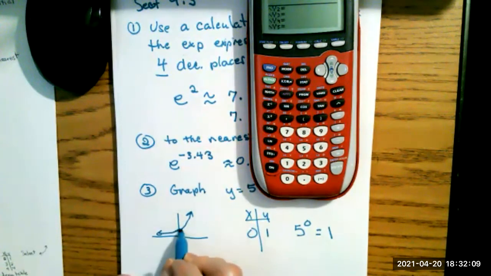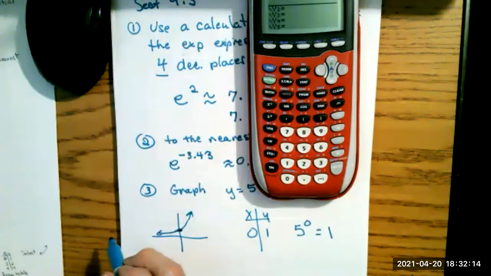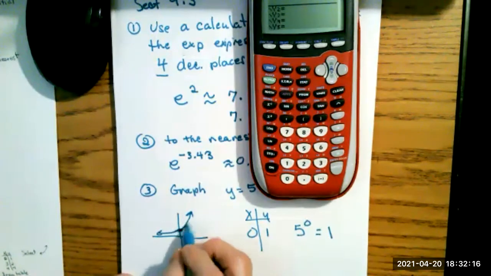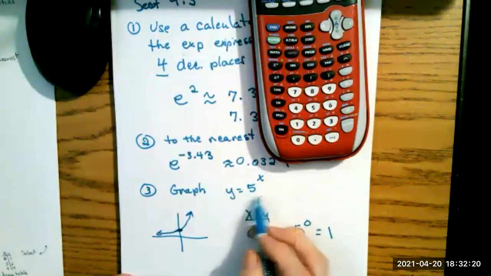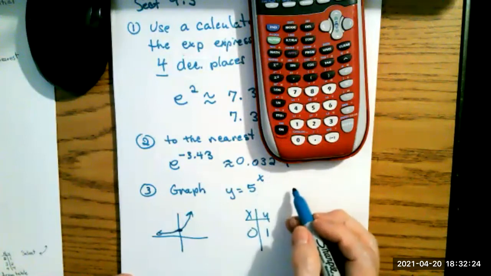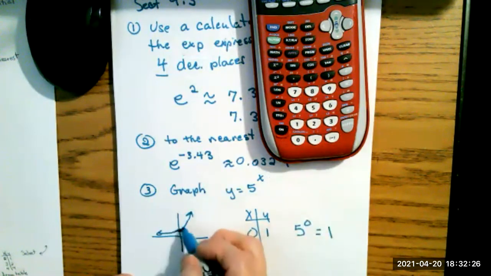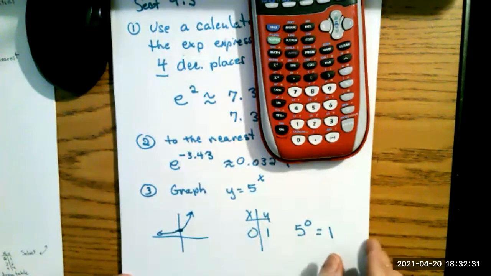This will be your basic point that you use to shift these around. So it's that 0, 1 point that's common to every one of these basic equations. And if you add or subtract something to this x or to here, it'll be this focal point that you move up or down that will change your graph.